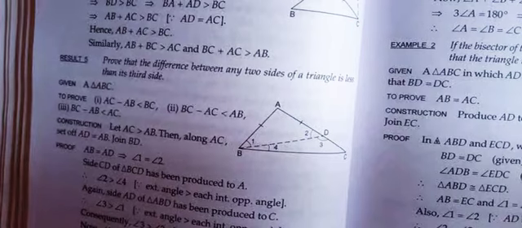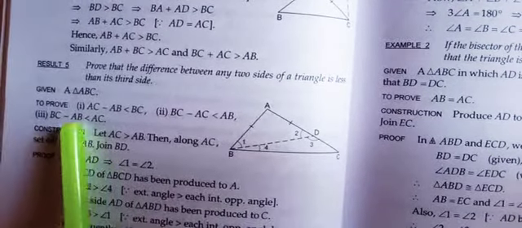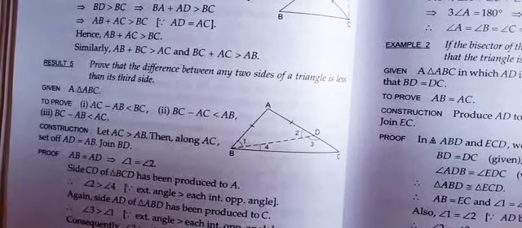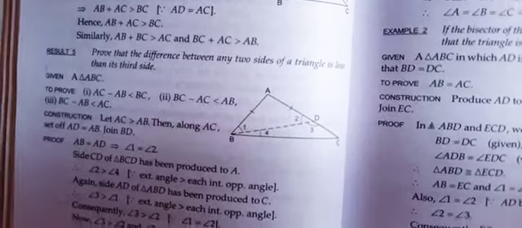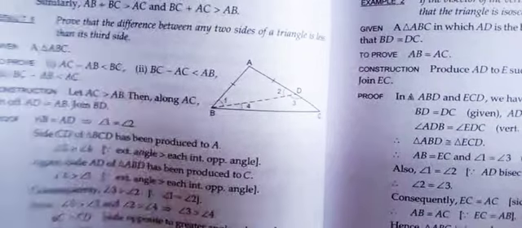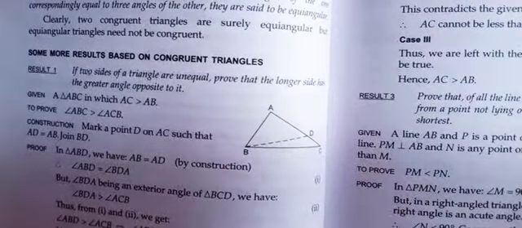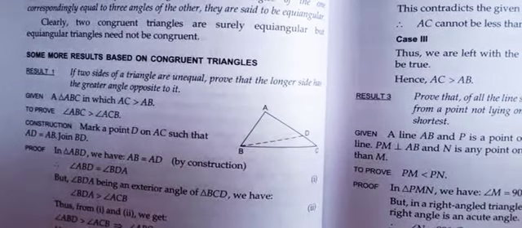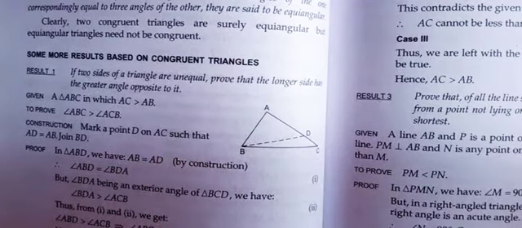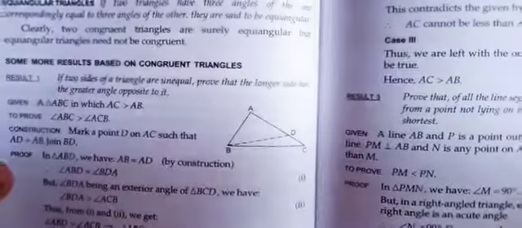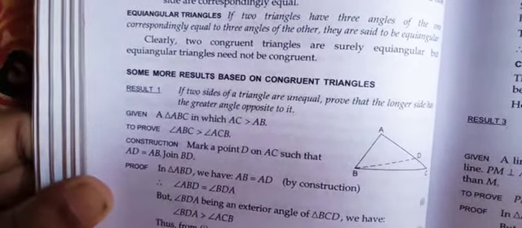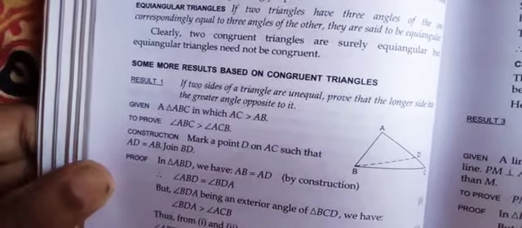Next, you have to start with some important results. The results are produced here. Next, go through the examples given here. Now one thing you have to note: in this chapter, if you have not understood the results of triangles or the criteria, that is angle side angle, side angle side, then you cannot solve the question paper of this exercise.